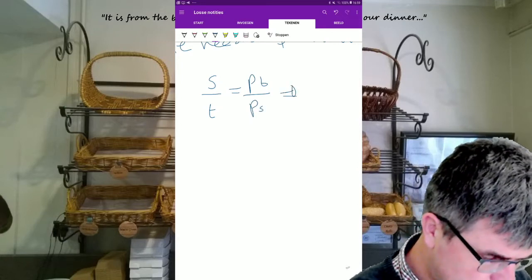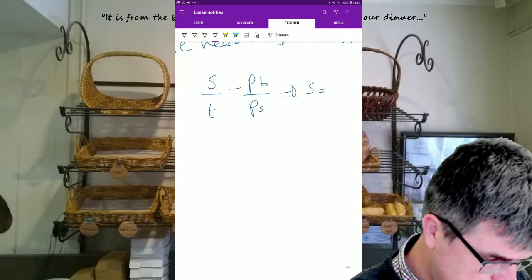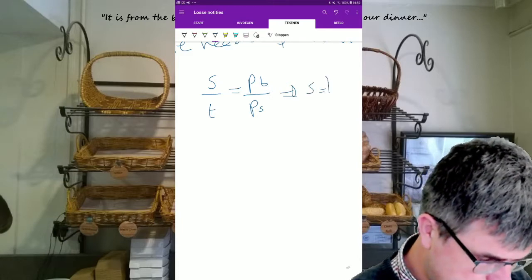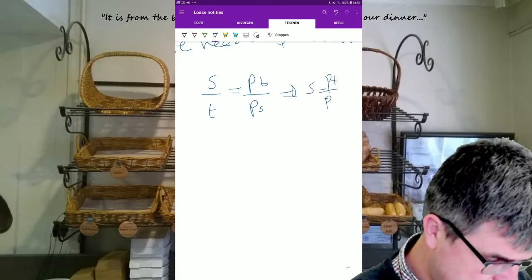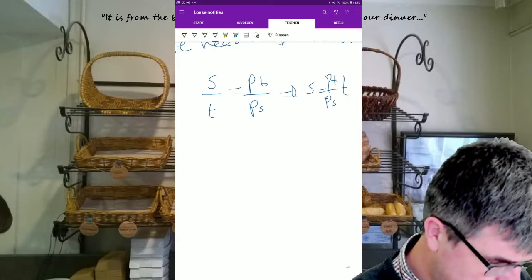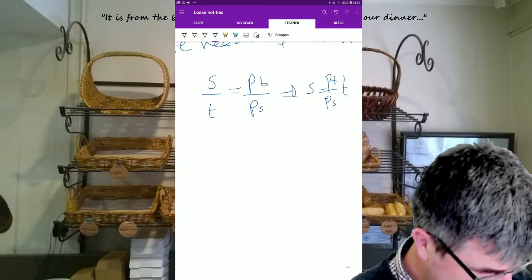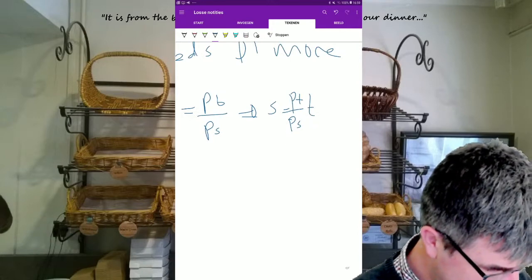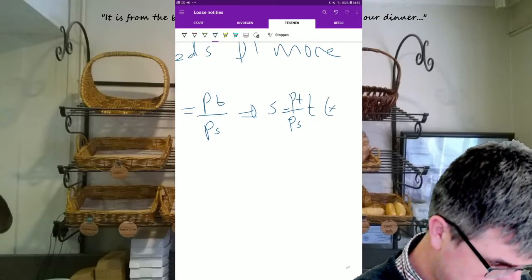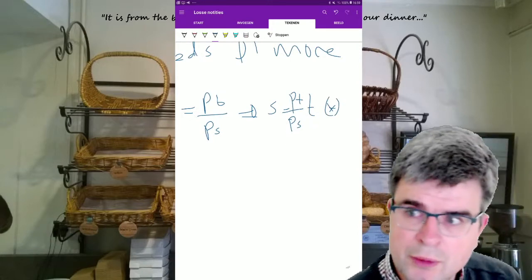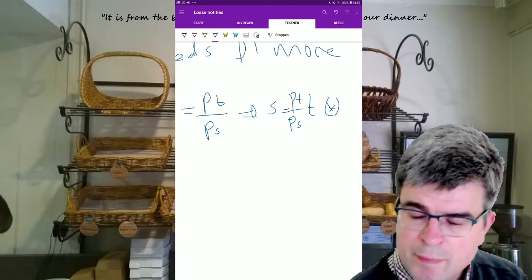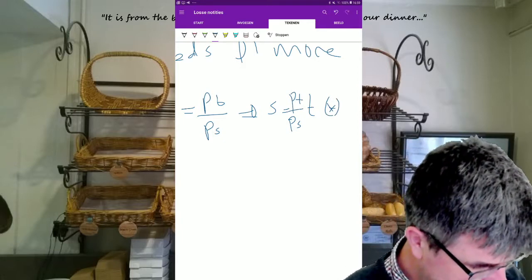Or we could also rewrite this as S is PT over PS times the number of Twinkies. Let's denote that equation by a star, because I will refer to it. And this is a very general approach.